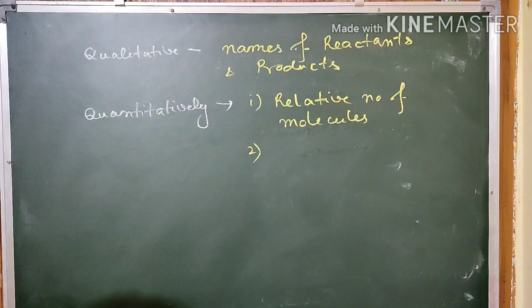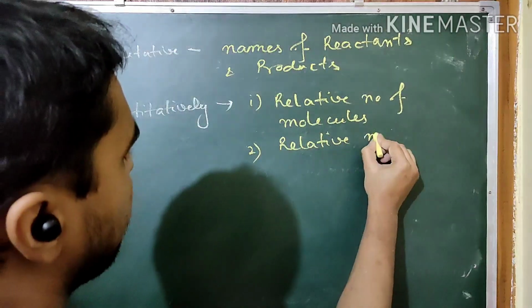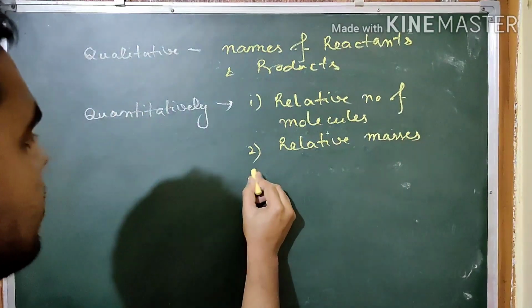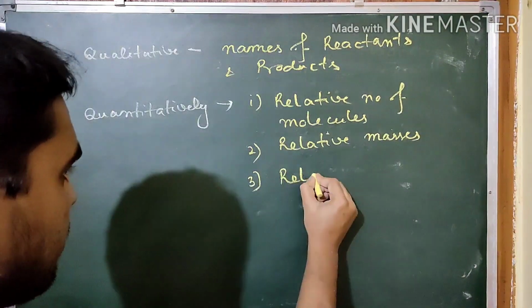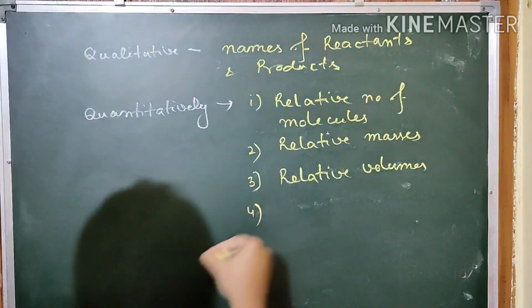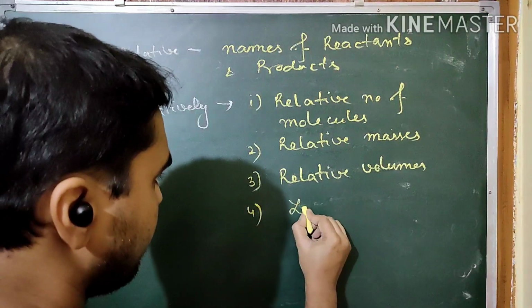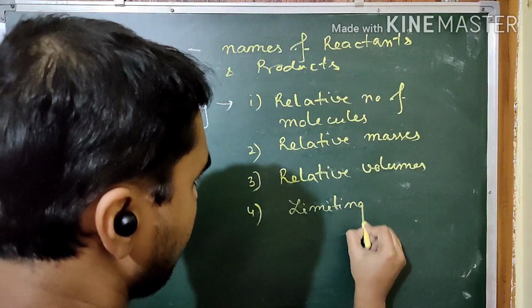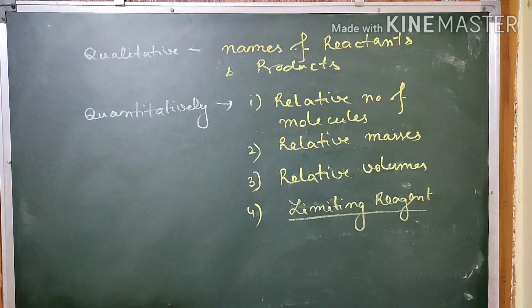Secondly, it is relative masses. Third, we can also say the relative volumes. Fourth, we should be able to say about the limiting reagent. What is this limiting reagent? That is what we are going to discuss next. So our next topic is the discussion of limiting reagent.